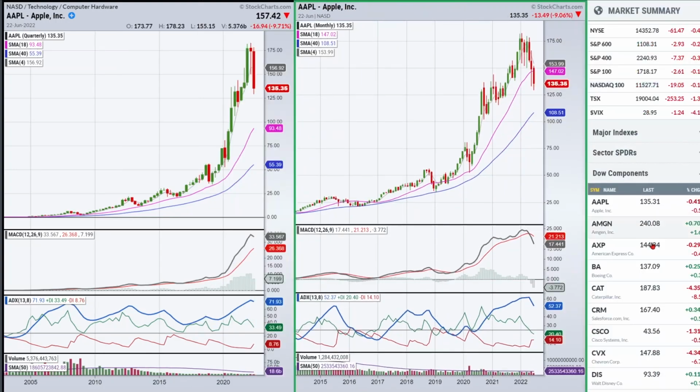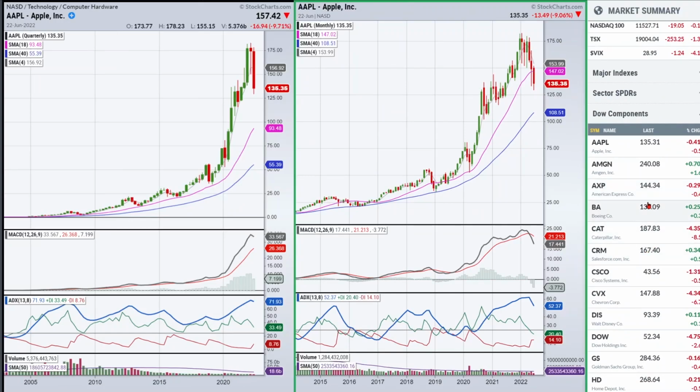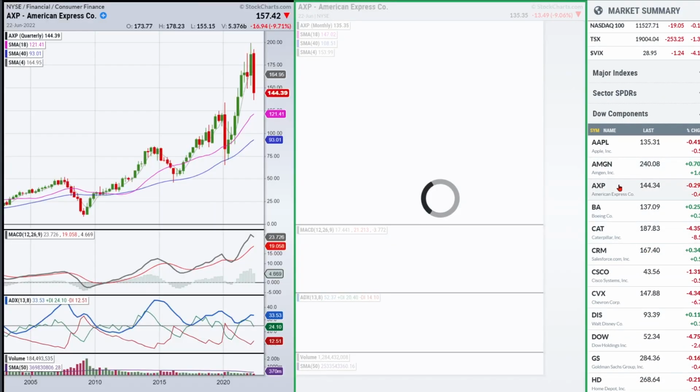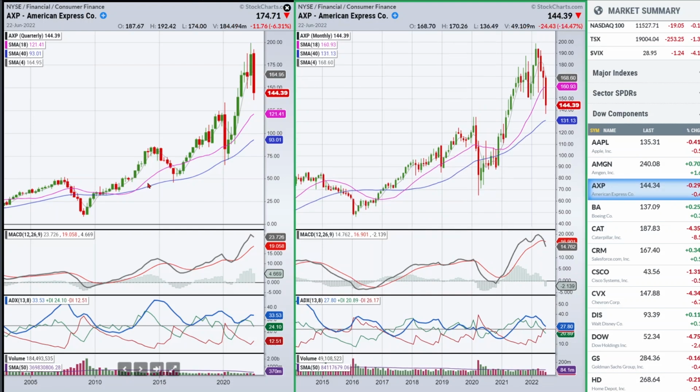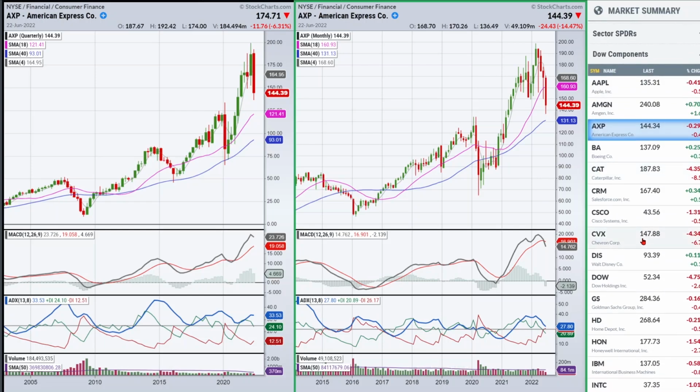Now, I just want to pull up a couple more examples. We can look at something like American Express. Again, notice how this has gotten a little further away from the quarterly 18, and it still has a little bit of room, but there should be a lot of support at 125 or something like that.